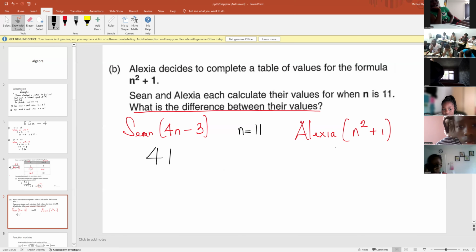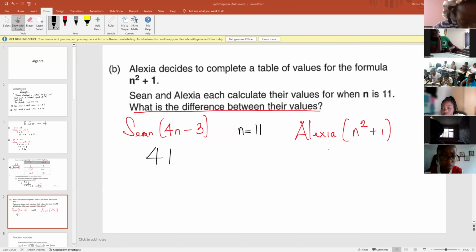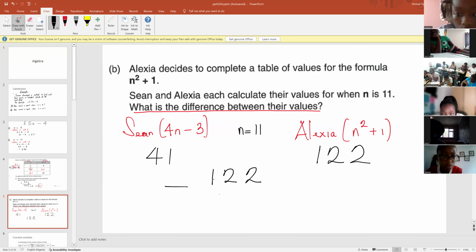Okay. Fadila, what was Alexia's value? I got 122. So, Zoe, what's the difference? The difference is 81. Good job. 122 take away 41.